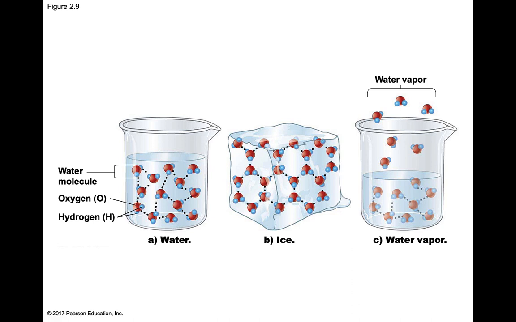Depending on the temperature we see here, there are going to be different distances between these bonds. Here we see ice, with probably more of them together, resulting in the solid. And then here we see water vapor, in which heat has basically broken those bonds, and we see water vapor being given off.